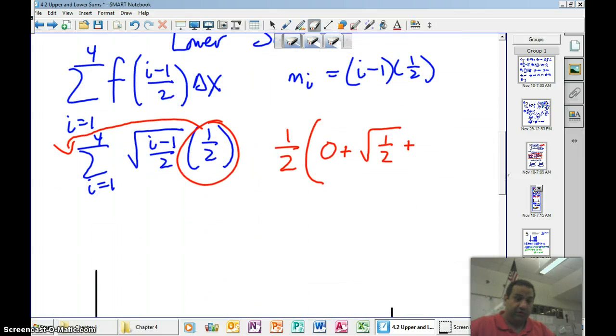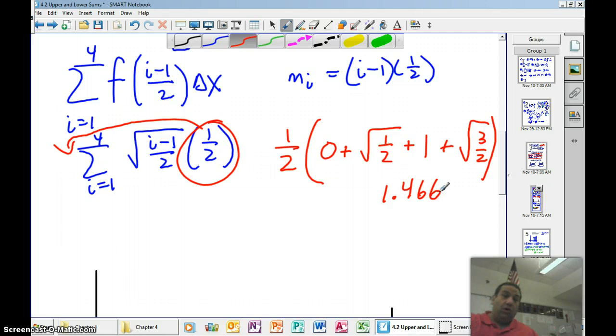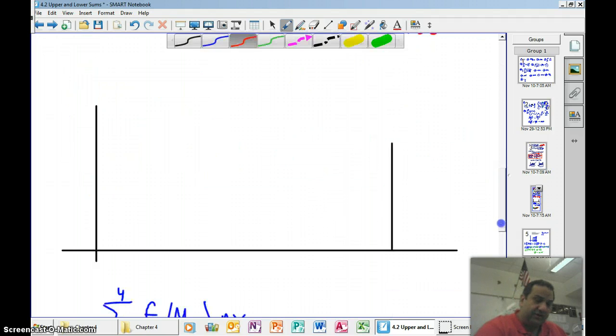Not square root of 2, over 2, but the square root of the fraction 2 over 2, which is just 1. And then plus, when i is 4, I get the square root of 3 over 2. And I go ahead and I calculate that, and I get 1.466. So that's the lower sum. Let's now do the upper sum.